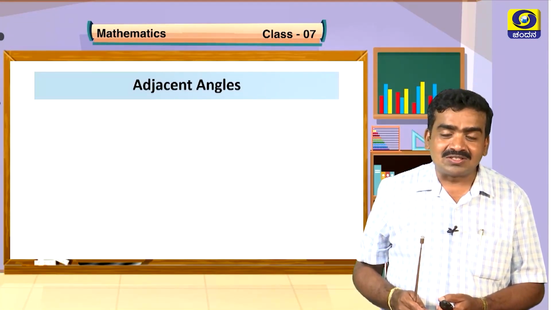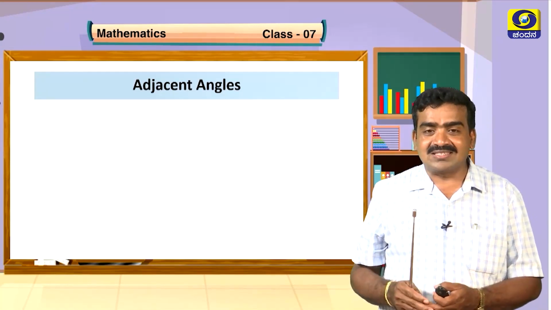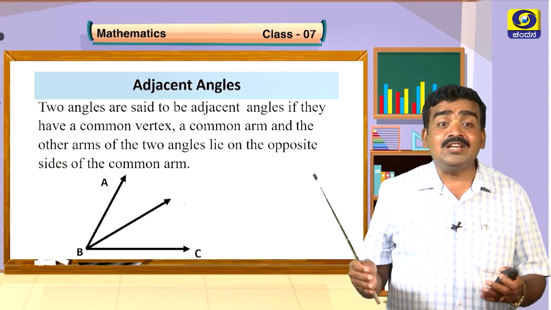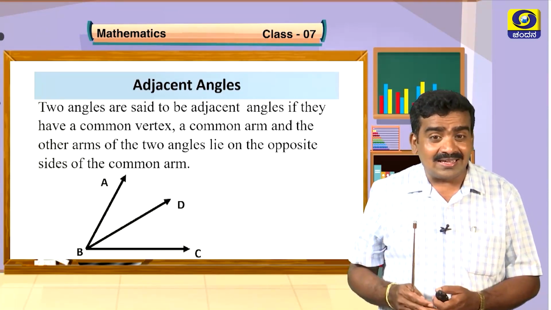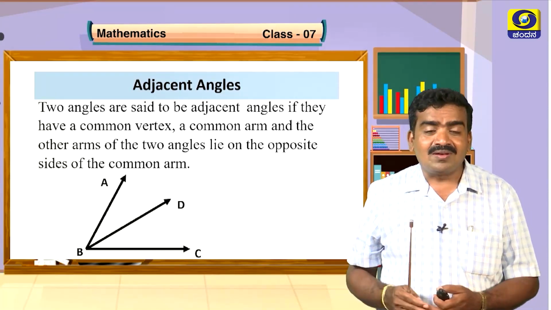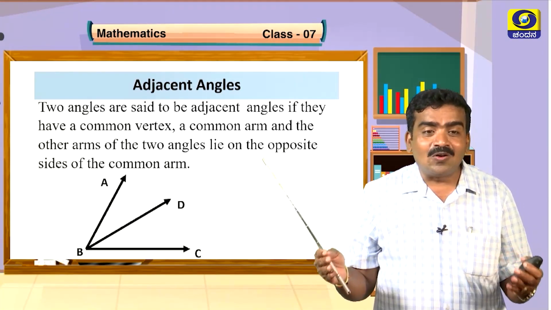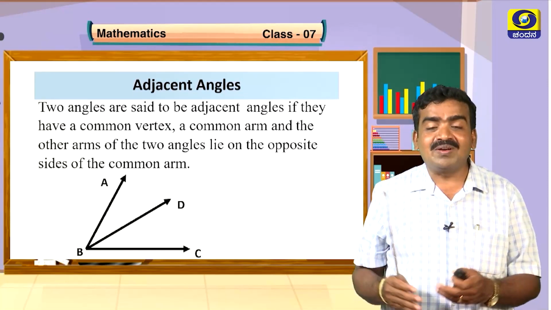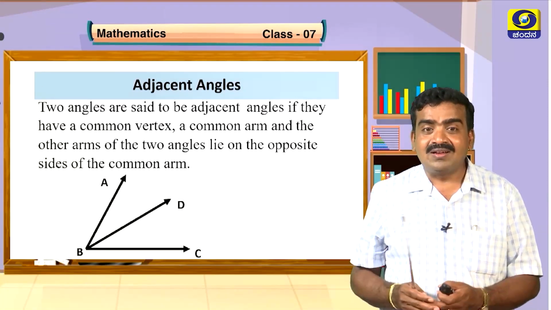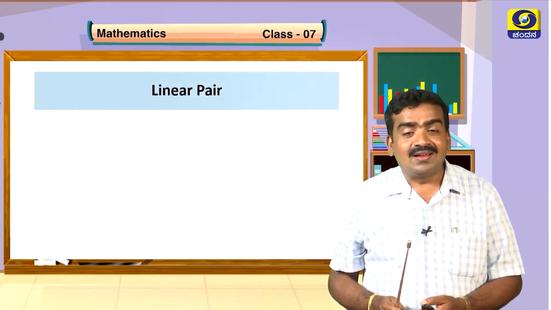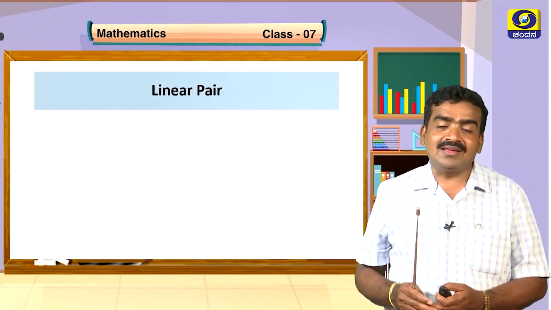Then you have also understood the meaning of adjacent angles. Two angles are said to be adjacent angles if they have a common vertex, a common arm, and the non-common arms of the two angles lie on opposite sides of the common arm. That is the meaning of adjacent angles. And you have also learnt about linear pair and you are able to recall the definition.